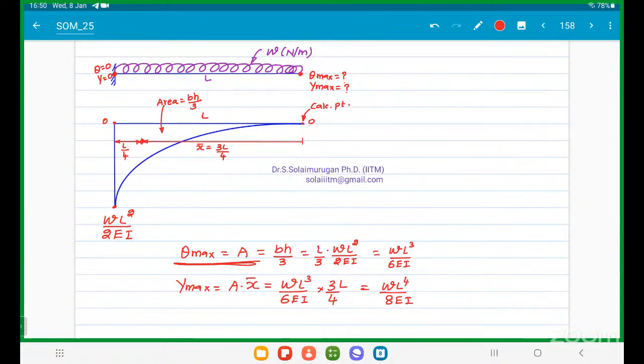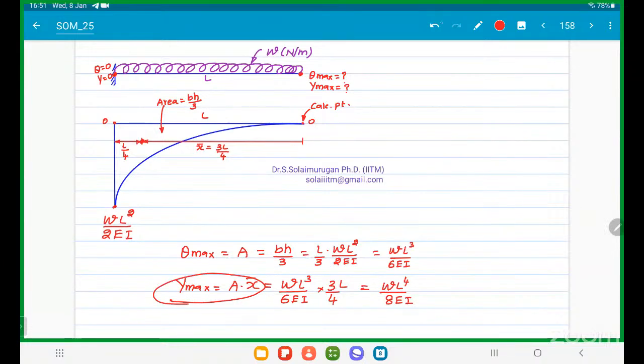Area of M by EA diagram between calculation point and slope equal to 0 point. What is the formula for this parabolic spandrel? BH by 3. So 1 by 3 into L into substitute this, you will get small w L cube by 6 EI.